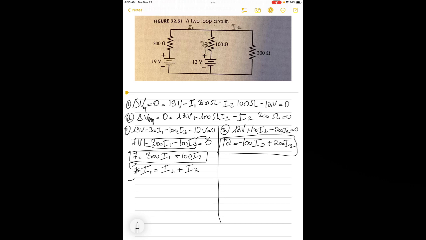So 7 equals 300 times E1, and that's E2 plus E3, plus 100 E3. Then we can multiply the 300 inside.